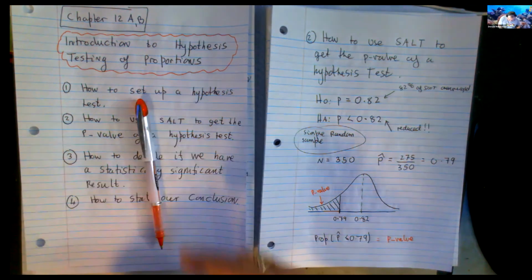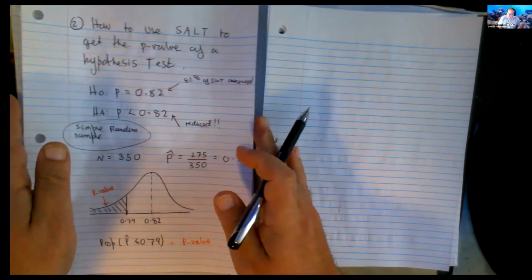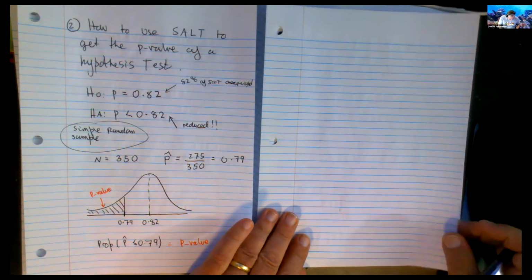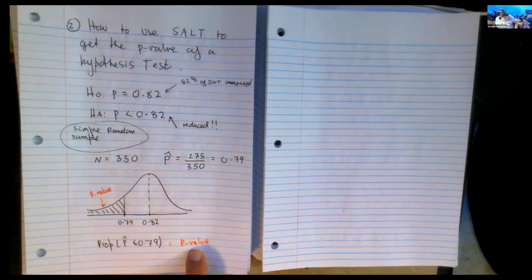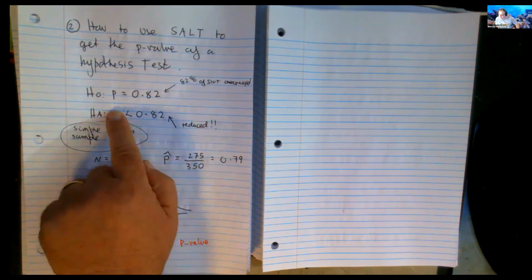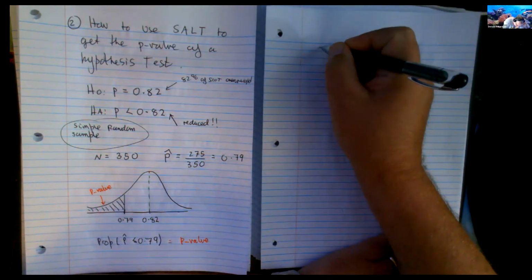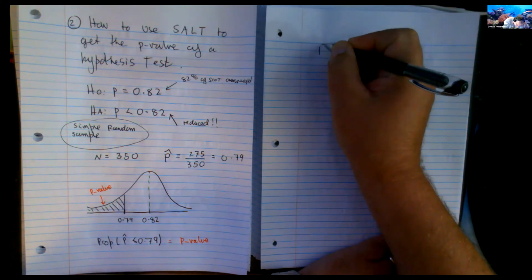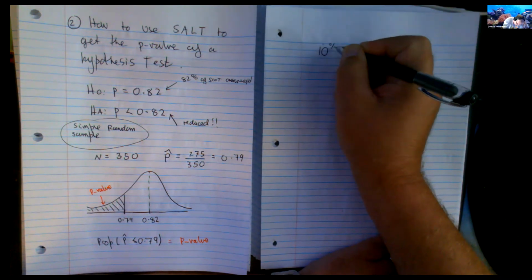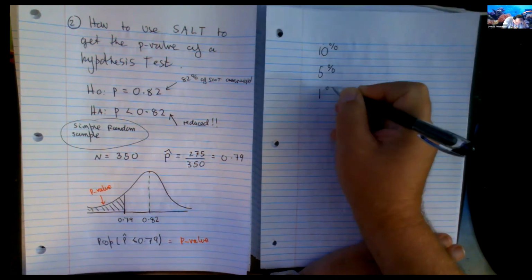In fact, there are 3 levels of how small is small. So how small does this p-value have to be before we've got evidence that the alternate is true? Here are the 3 values: 10%, 5%, and 1%.